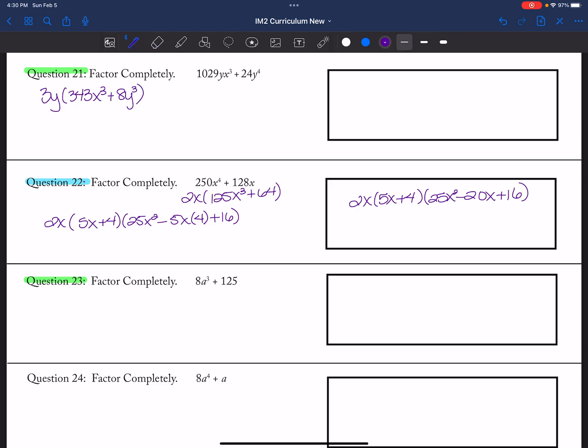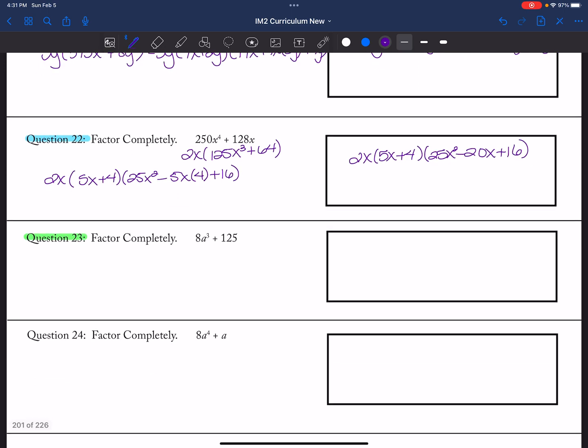And then 3y, 7x plus 2y, 49x squared plus 7x times 2y plus 4y squared. So 3y, 7x plus 2y, 49x squared plus 14xy plus 4y squared.